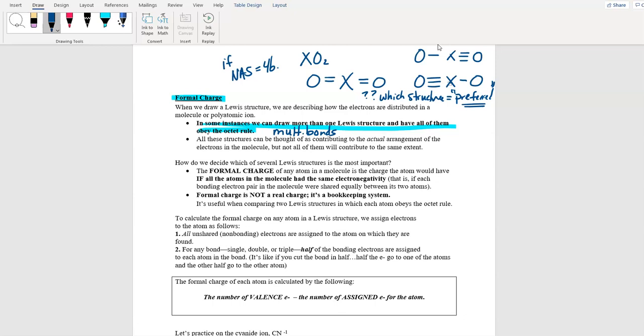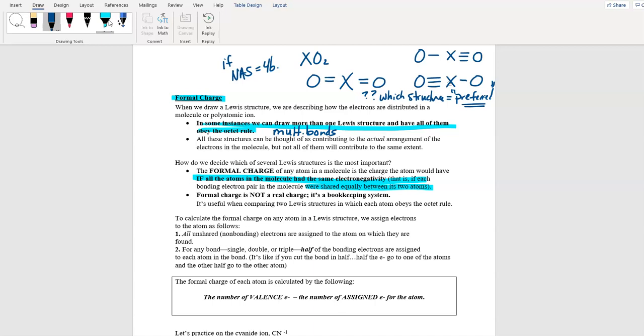Okay, we know that's not it, but that's the point of formal charge, is if this was a magical world and every atom had the same electronegativity, that means they all shared them equally, if, this is a big if, okay?